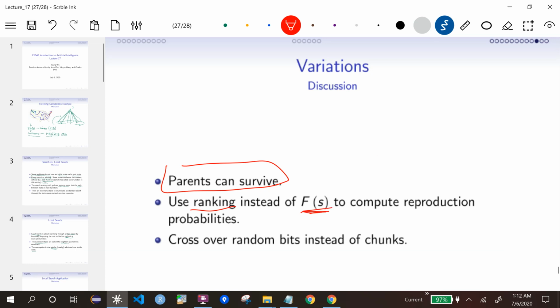The fitness here is basically some inverse of the cost, and ranking is just how good, so it's just 1, 2, 3, 4, and so on. We can use that to compute those reproduction probabilities. And crossover, I think we talked about this, crossover at random bits, we can do that as well. So it's basically when we have some kind of n-point crossover with n being the same as the length of the strings.